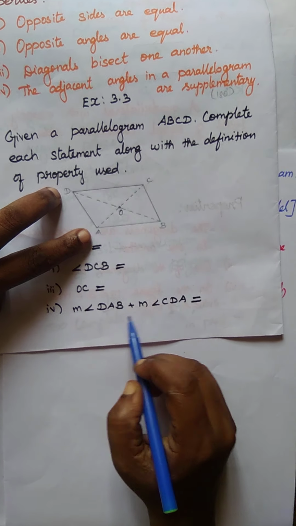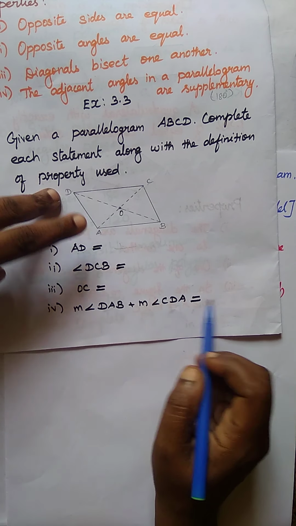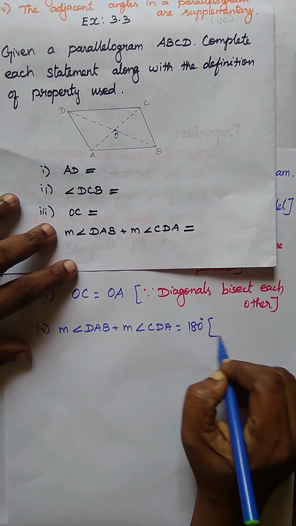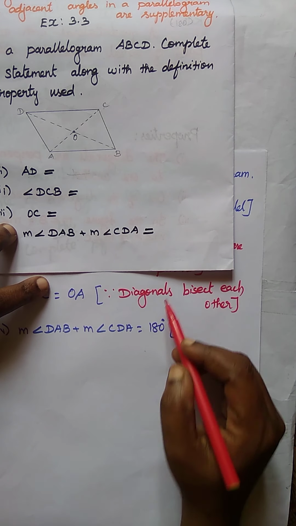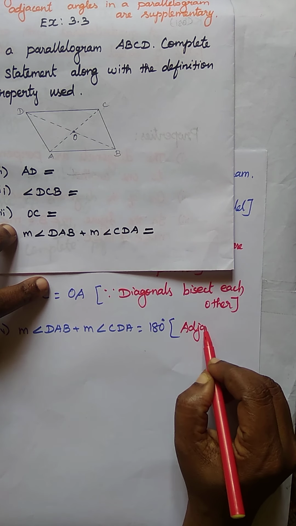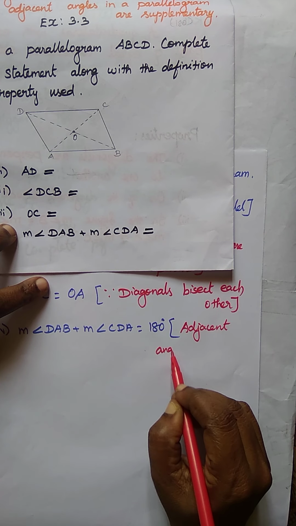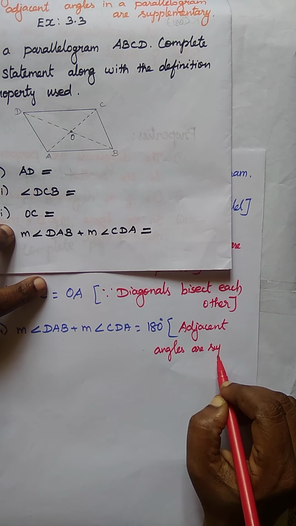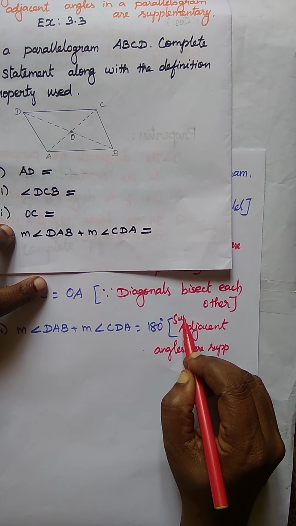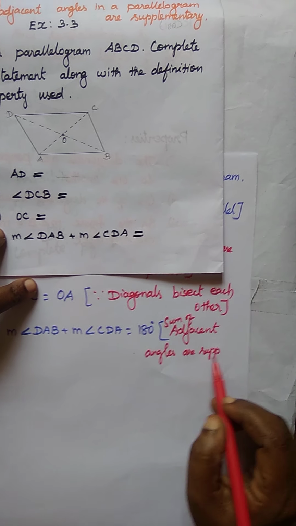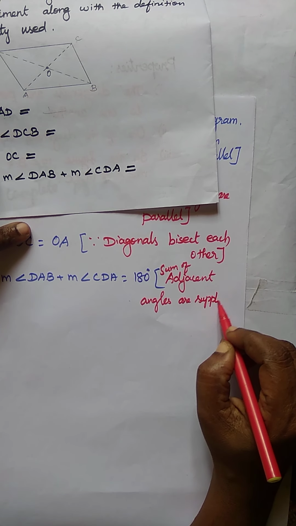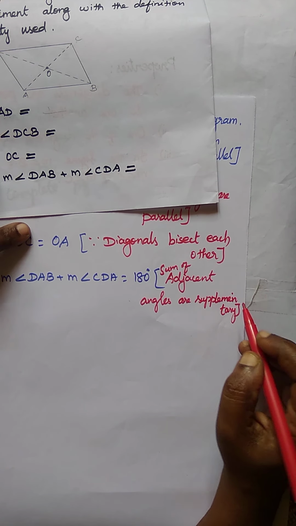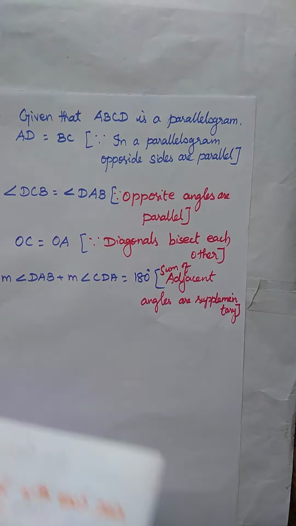So angle DAB plus angle CDA is equal to 180 degrees. Now we write the reason: sum of adjacent angles is supplementary. So these are the answers for the given question.